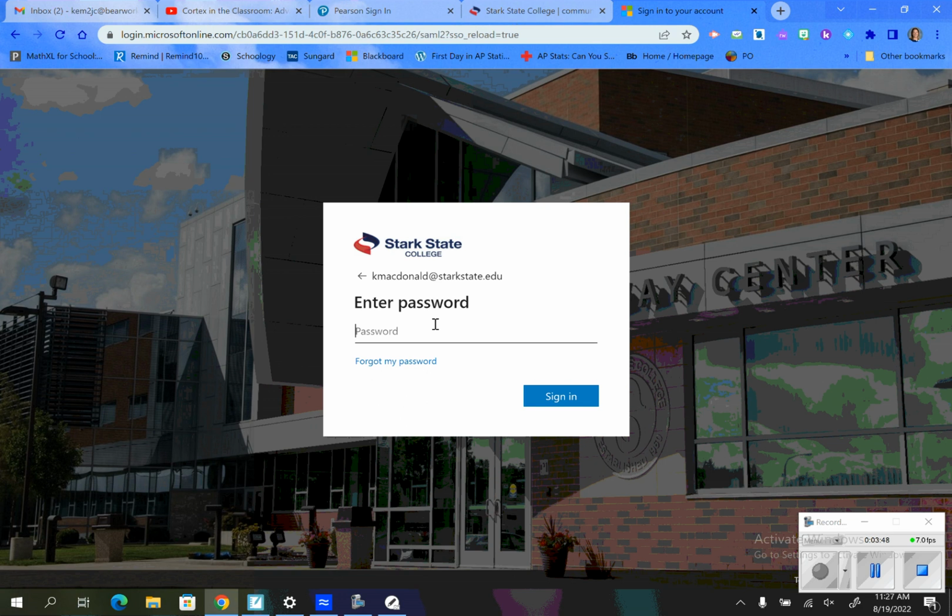Okay. So no middle initial right now. Okay, and then it's email it's asking for right now. So it's at starkstate.net. Just hit next right now.